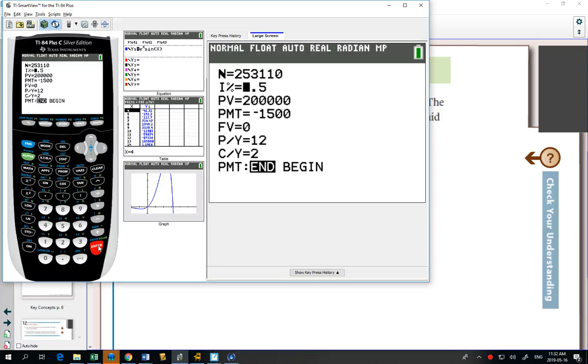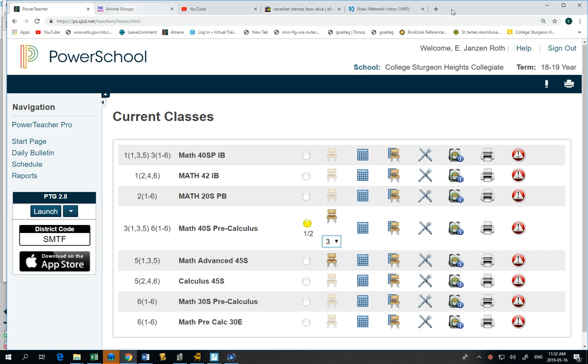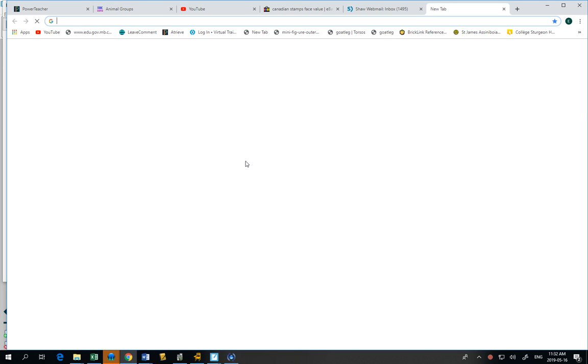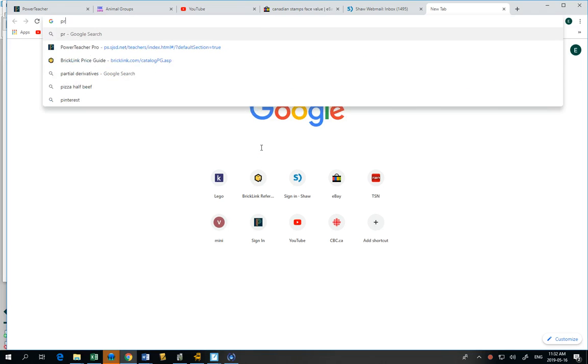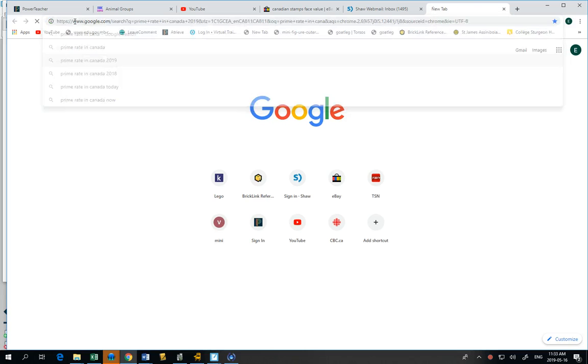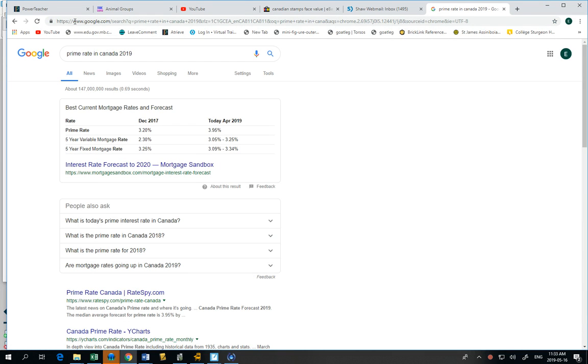Well, interest rate on houses is based on prime, and I believe prime right now is at 3.5%. Let's check out prime. Prime rate in Canada, 2019.